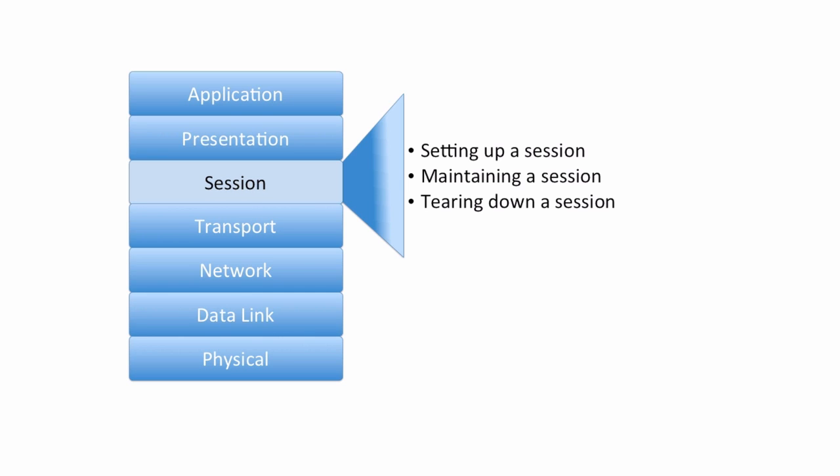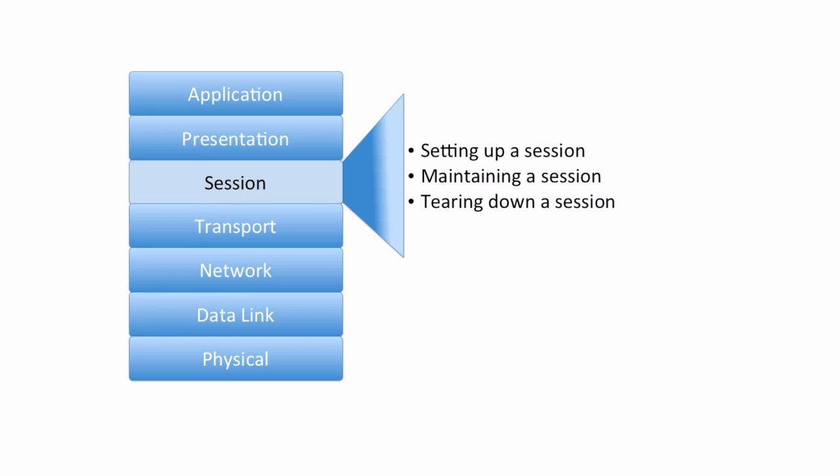When we're maintaining a session, we're doing the work of actually transporting the data during the session. And if the session terminates and we restart that session as soon as it terminates, if that's a feature that we have available, that's part of maintaining a session. Bringing it back up if it gets torn down due to some sort of an error. Something else that could happen as part of maintaining a session is that we could have the recipient of our data give us an acknowledgement.